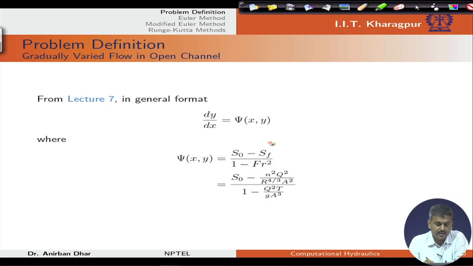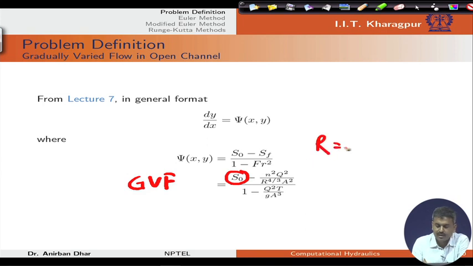Now, if we consider this GVF or gradually varied flow condition, then S naught is a given parameter, n is Manning's roughness coefficient, Q is discharge, R is hydraulic radius, which can be calculated as A by P, where P is the wetted perimeter, A is cross sectional area, and T is the top width.